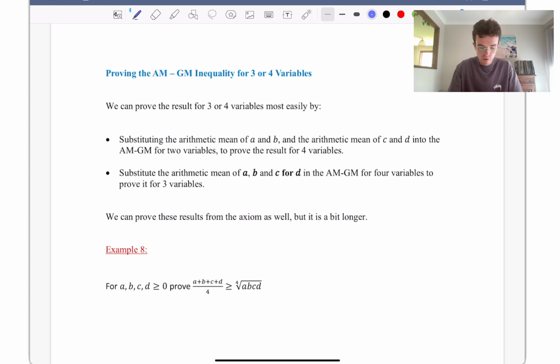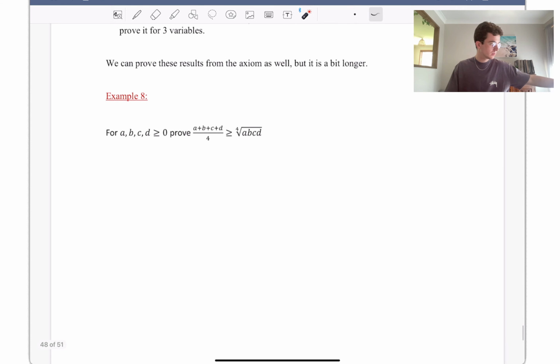The first method is to substitute the arithmetic mean for a and b and the arithmetic mean for c and d into the AMGM inequality for 2 variables and prove the result for 4 variables. Or we can substitute in the mean of a, b and c for d in the AMGM for 4 variables and prove it for 3 variables, which is what we just did in the previous question.